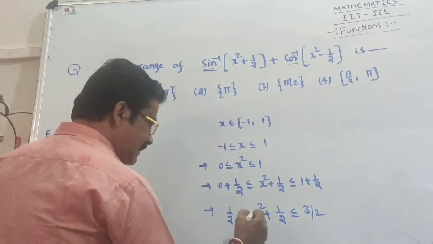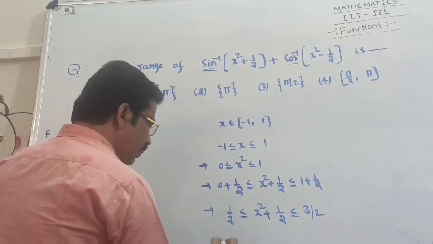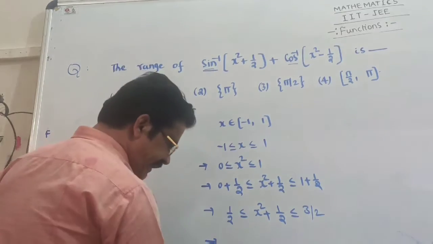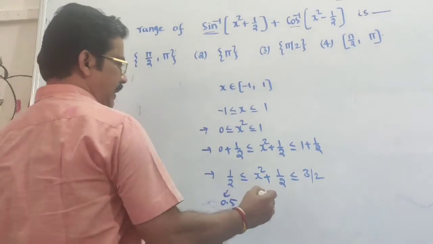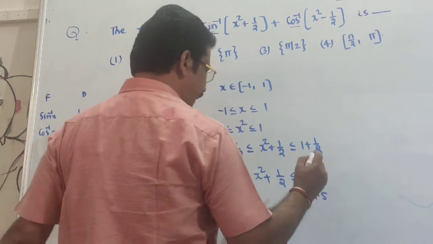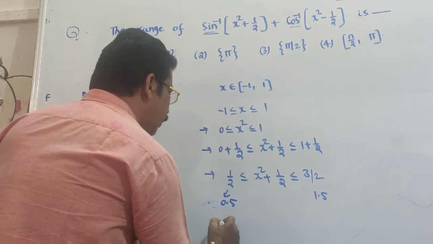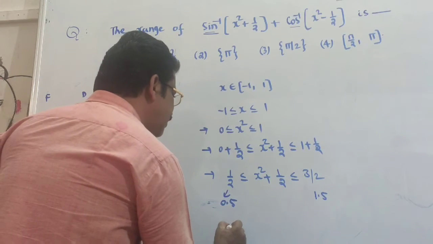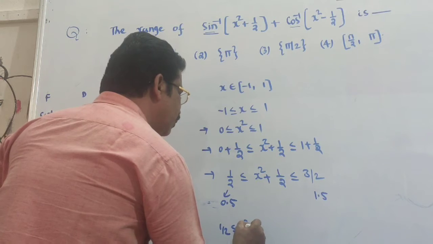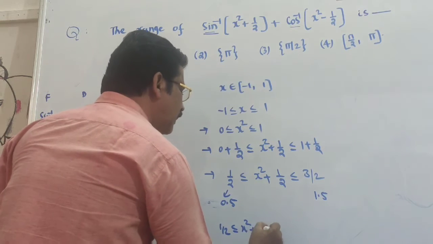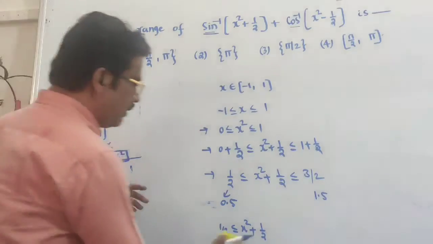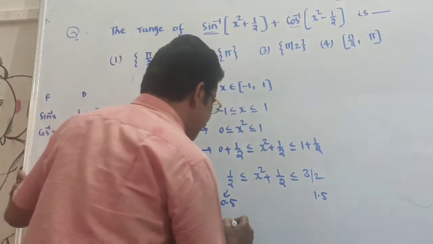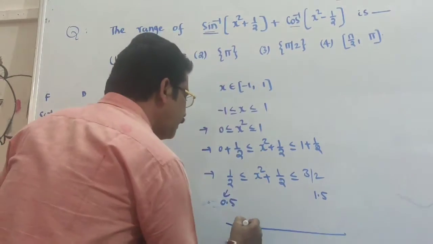Now let us consider the box value. It is nothing but 0.5. It is 1.5. So therefore first it is 1 by 2 less than or equal to x square plus 1 by 2, next less than or equal to 1 and a half. Let us take the graph.